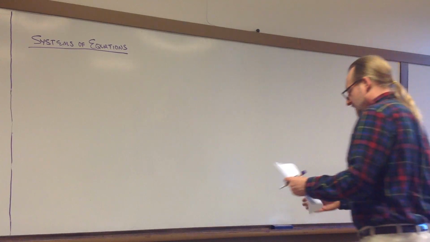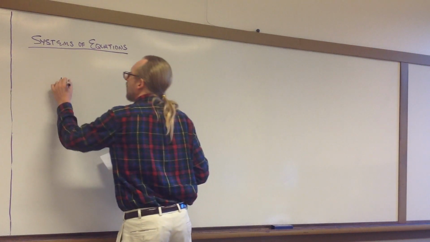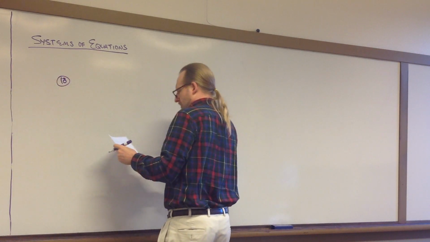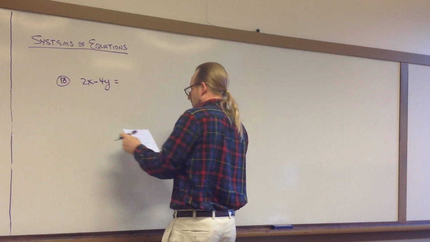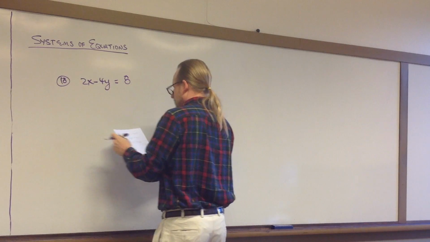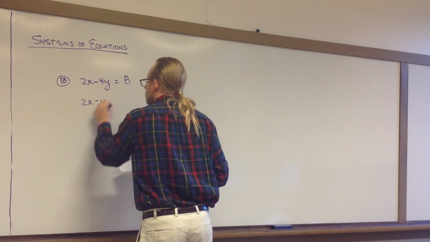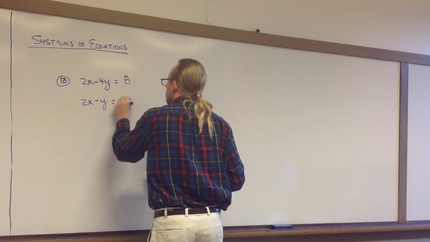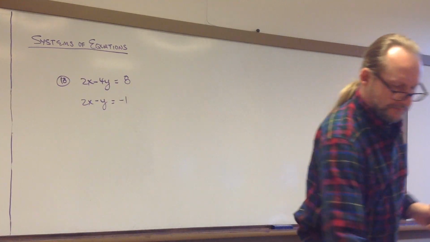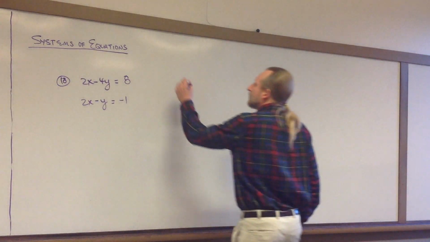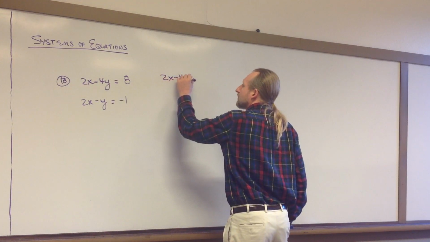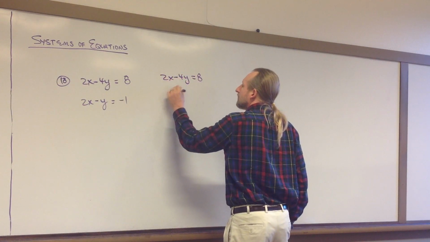Okay, problem 18. Let's see, 2x minus 4y equals 8, and 2x minus y equals -1. All right, let's see. First one here, 2x minus 4y equals 8.